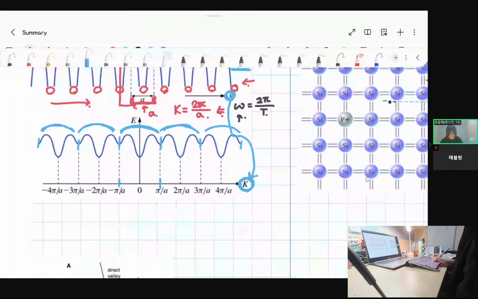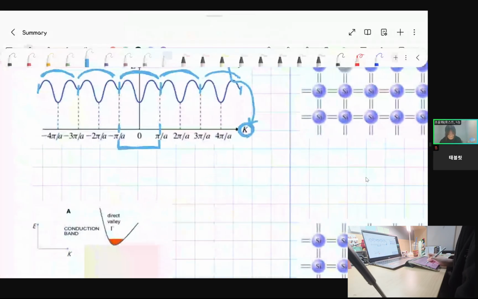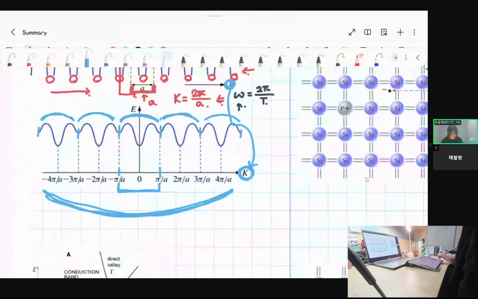If we understand only this period, we can understand the whole thing. So that means an EK diagram.